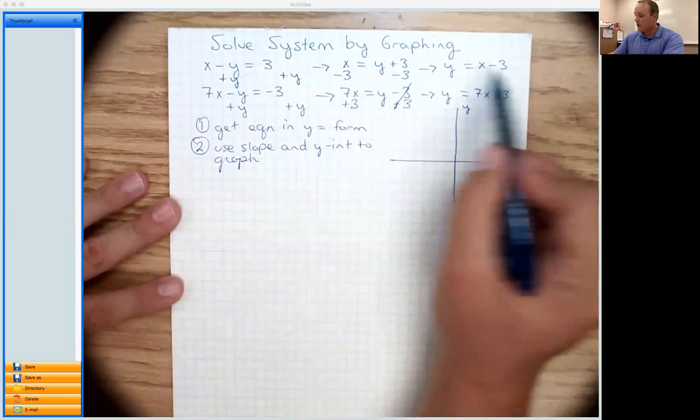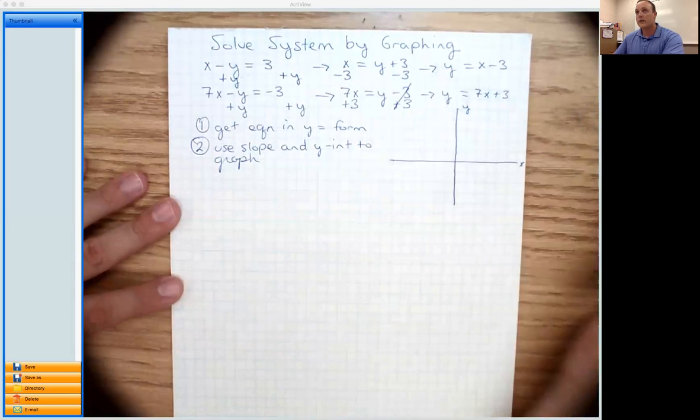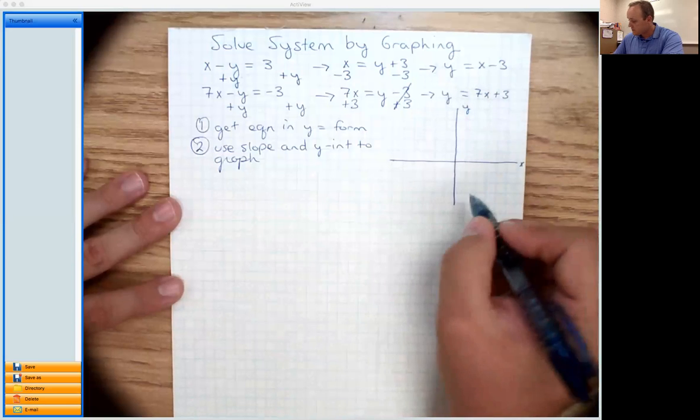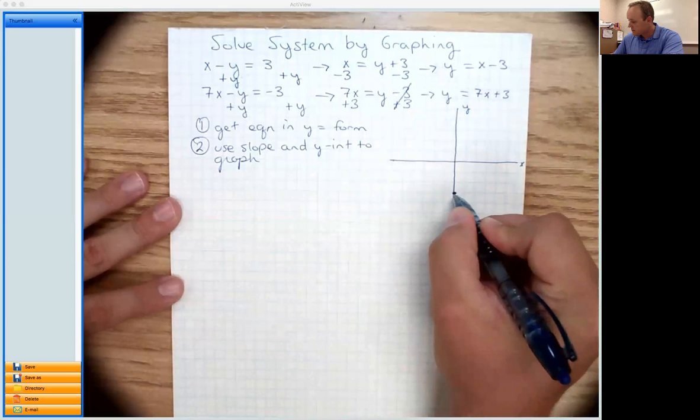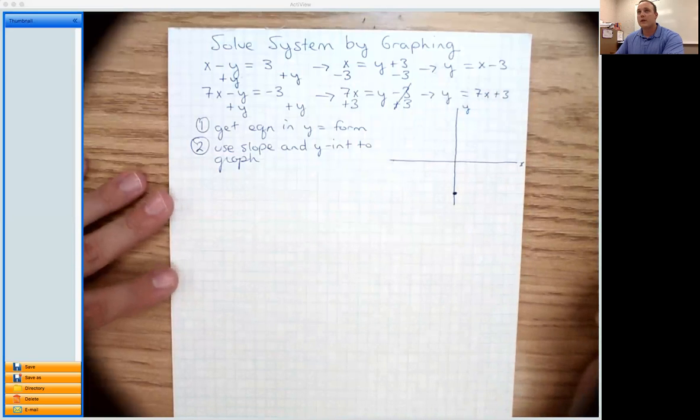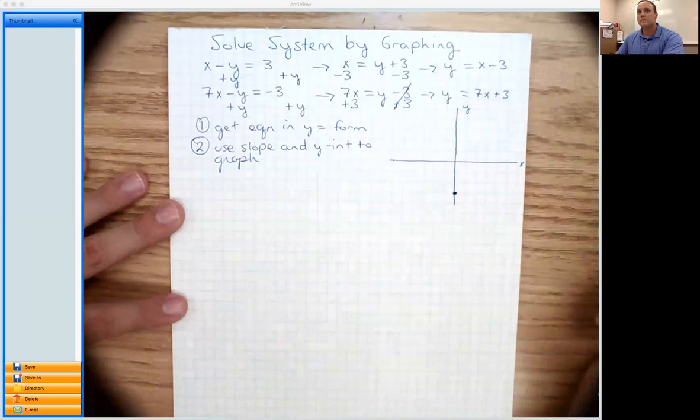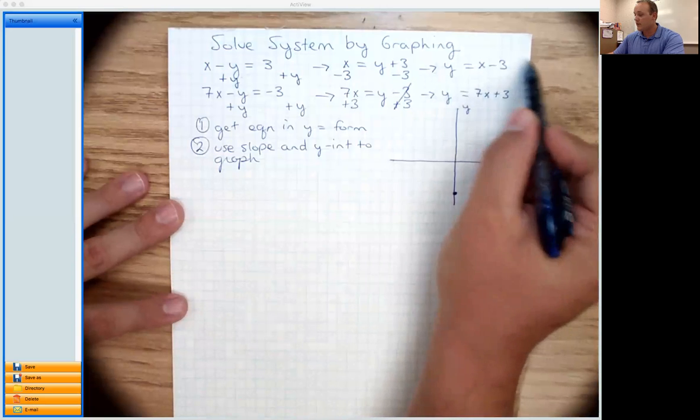So for this top equation, I have to start where? At -3. And what's my slope there? This top equation is what I'm graphing right now.